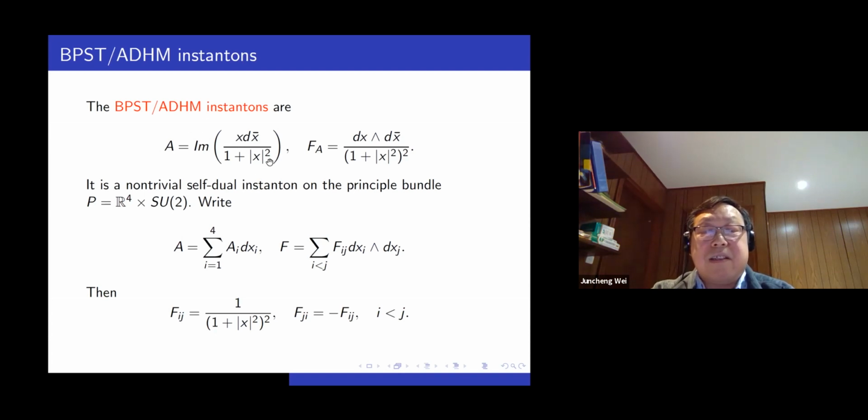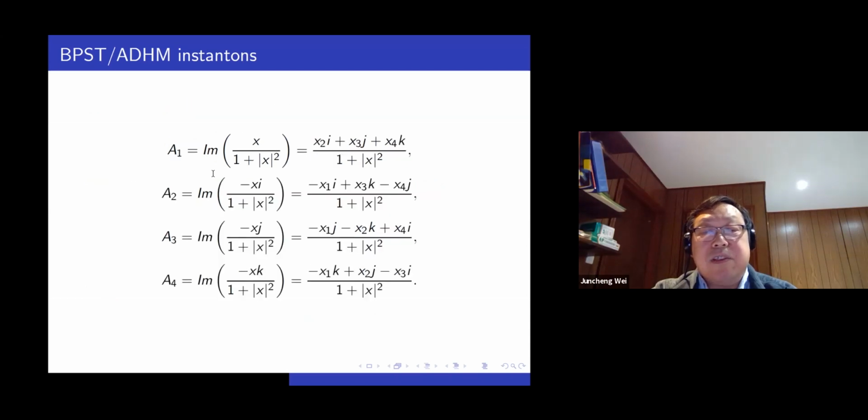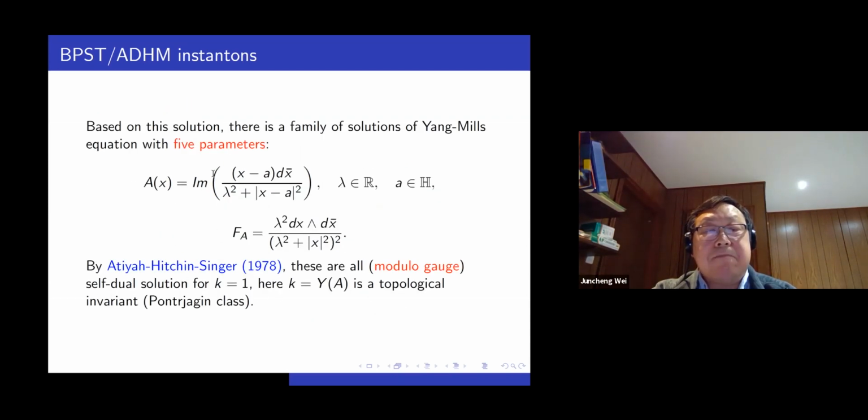This is the instanton, which is explicit. This is the first Yang-Mills soliton, and we're going to use this soliton to construct the infinite time blow-up. And all this can be computed explicitly.